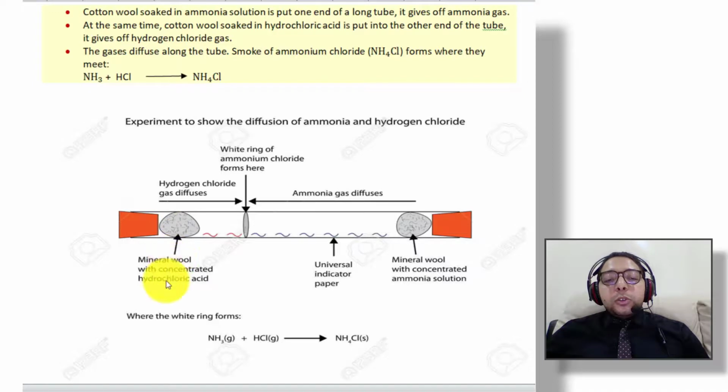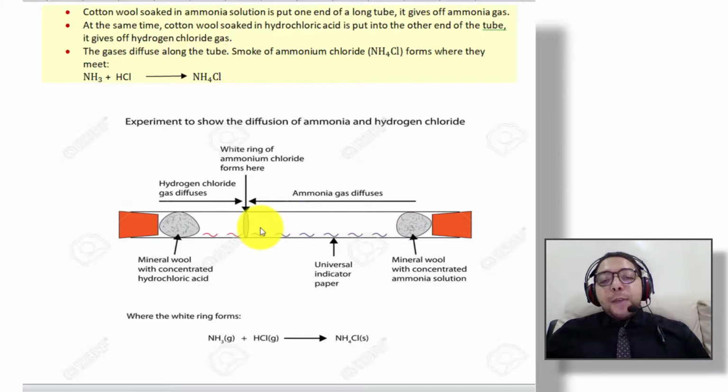We soak one cotton in concentrated HCl and another in concentrated ammonia, and we place each one on one side. The fumes coming from the HCl cotton move in one direction, and the fumes from the ammonia move in the other direction.